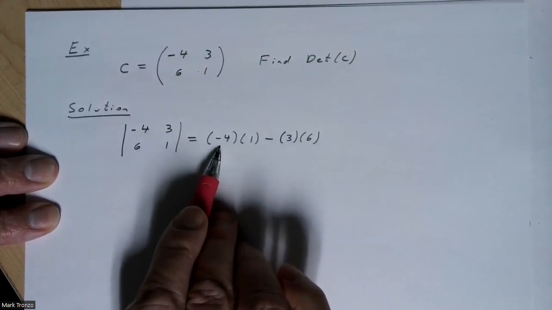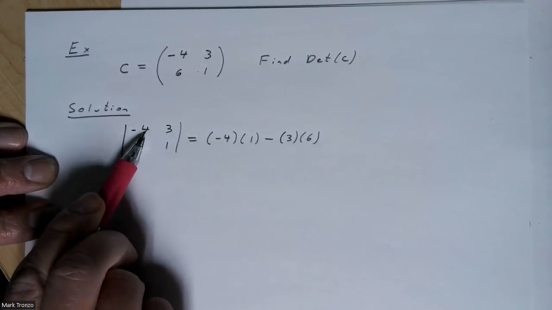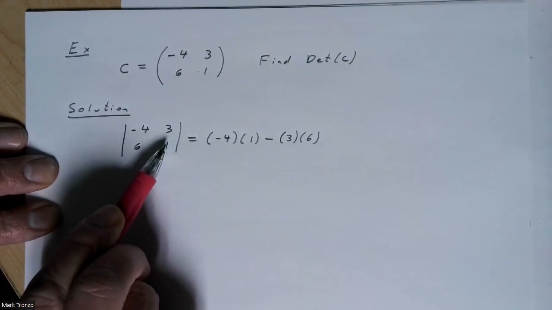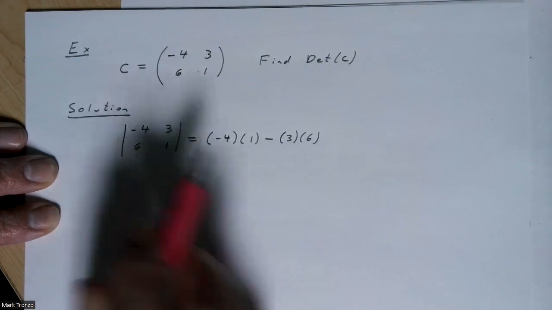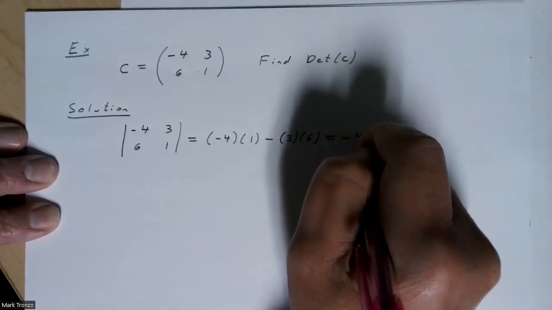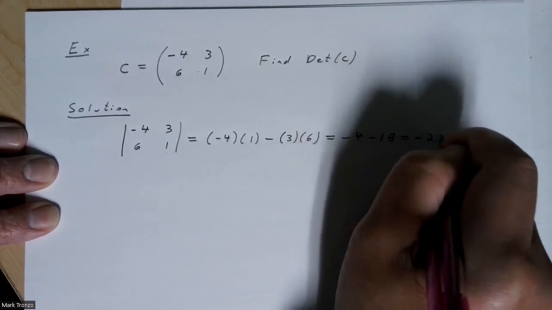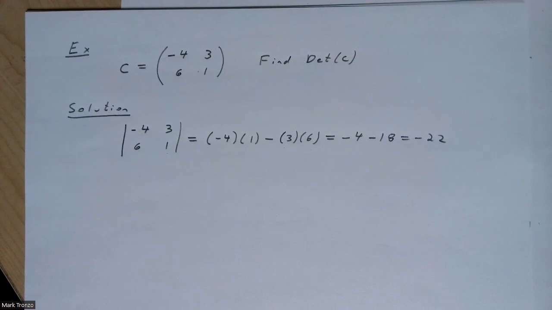Or here you could have made this 1 times -4. But it does have to be upper left times lower right minus upper right times lower left. And so this is going to be -4 minus 18, which is -22.